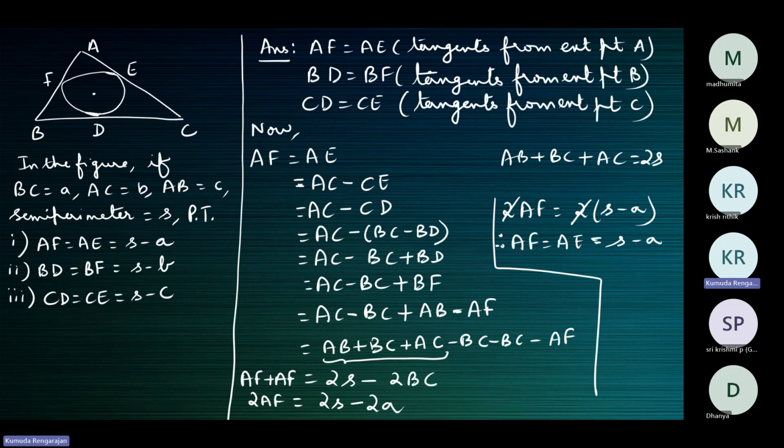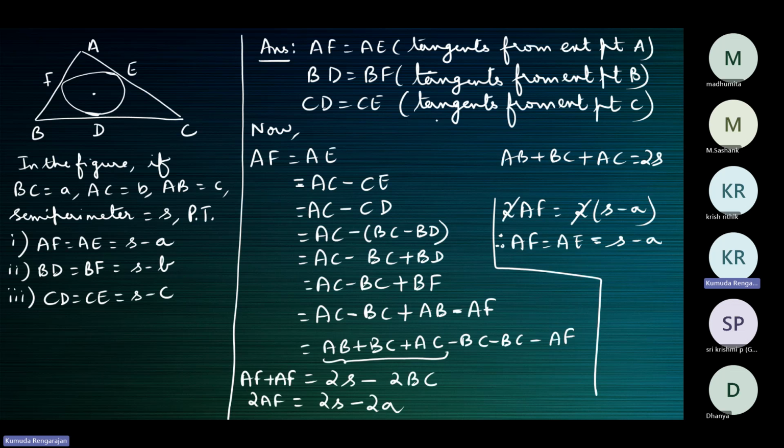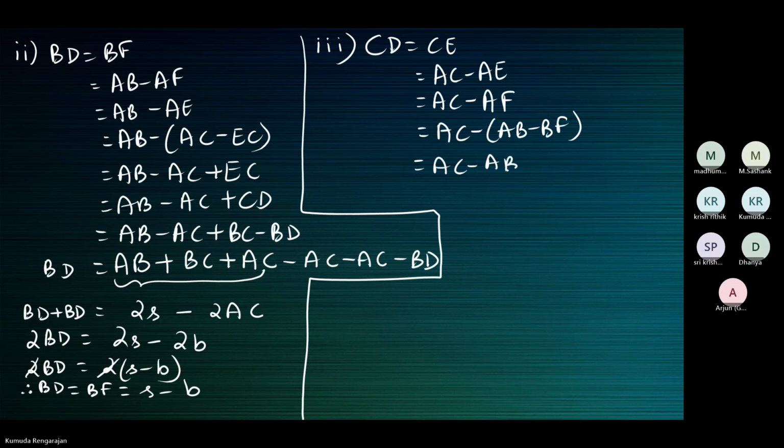AE is AF, and AF is AB minus BF. AC and AB are the sides of the triangle, so we will not disturb them.